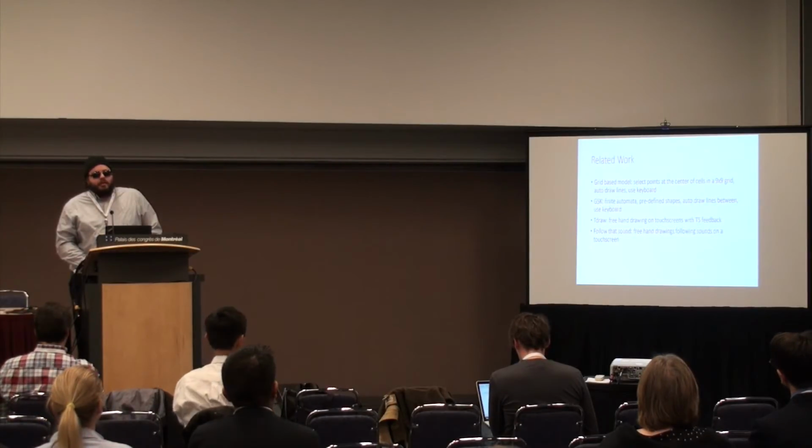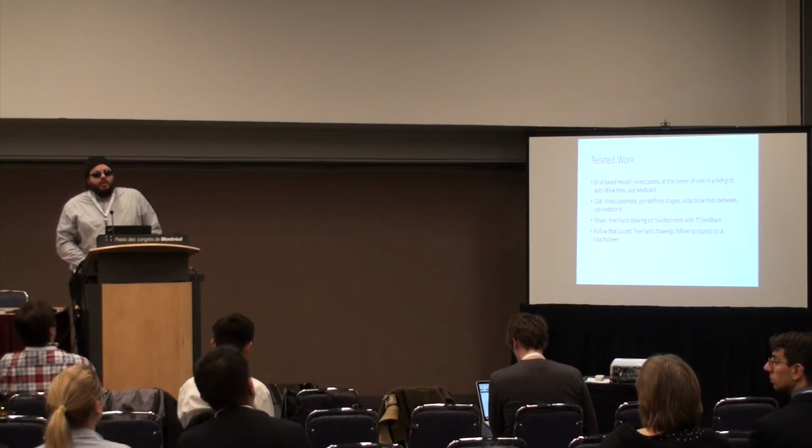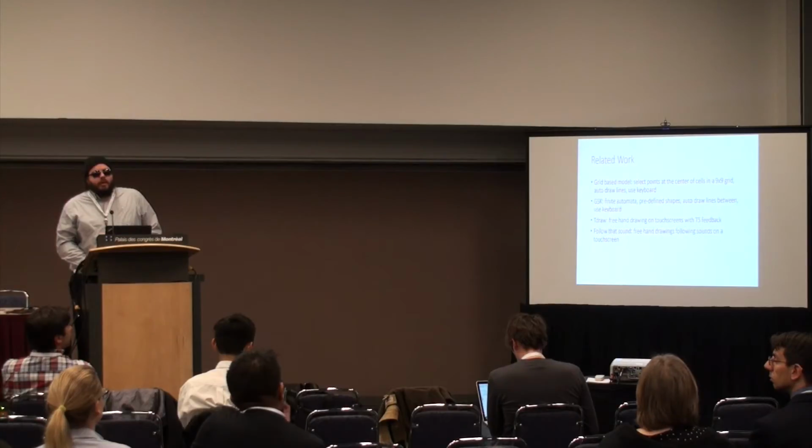So let me just talk about some related work. Some background research has been done in drawing apps in general for blind people. One of them is the grid-based model that was done at UC Berkeley a while back in 2000.